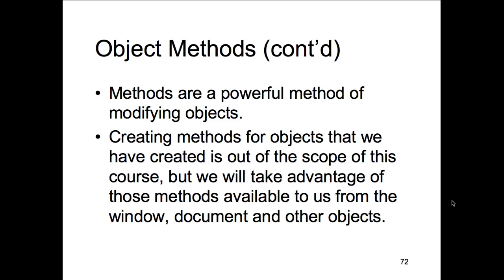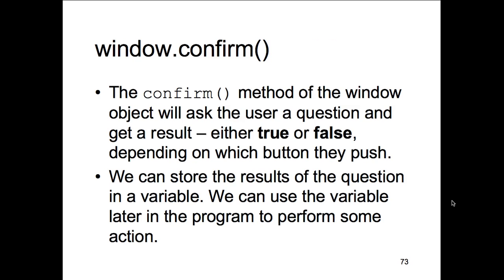To take advantage of the methods available to us in windows and documents and other objects, let's look at the ones that are built in already. In fact, you can change the methods for your objects quite easily. But if you're going to go that far, you might as well switch from JavaScript and use a real programming language.